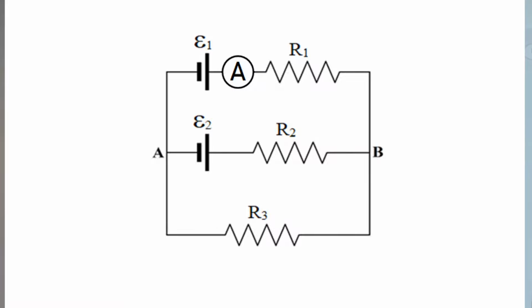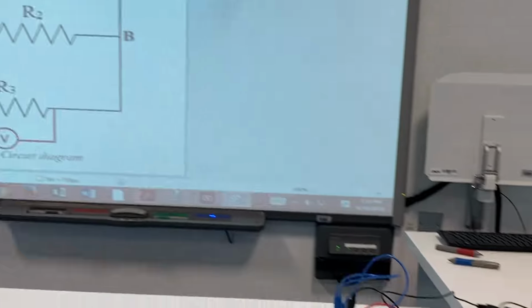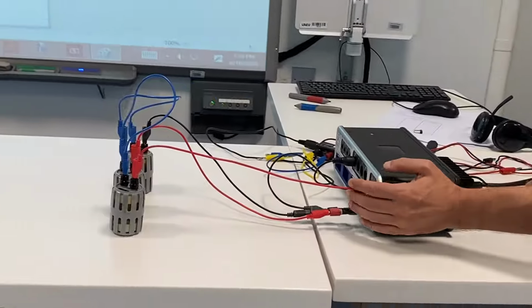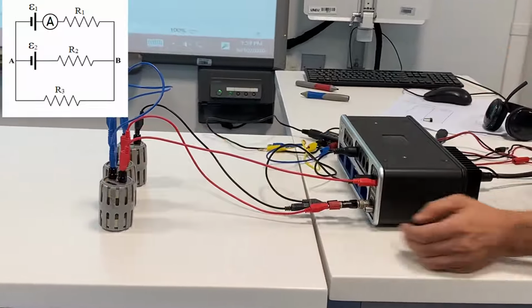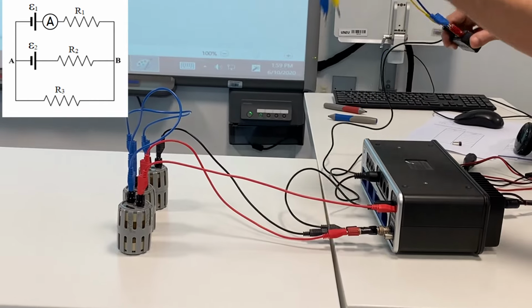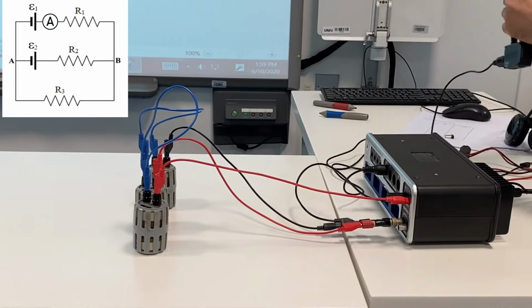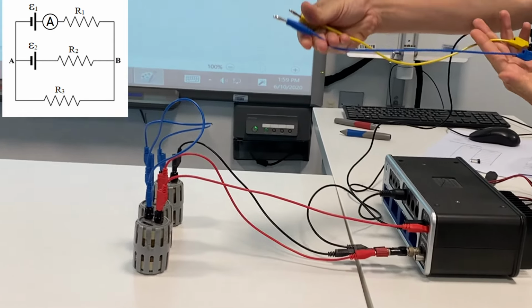So let's take a look at our circuit right here and see how we can measure the current in the first branch. So here is the circuit. Notice how we have the ammeter connected between the battery E1 and the resistor R1. So I'm going to take my current sensor in this case, and it has 2 wires.